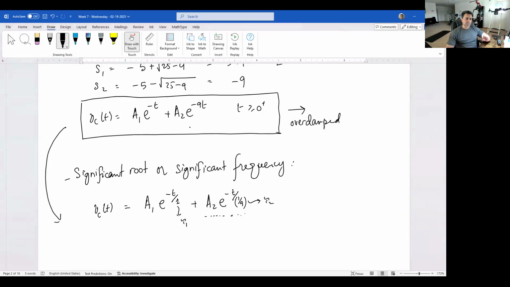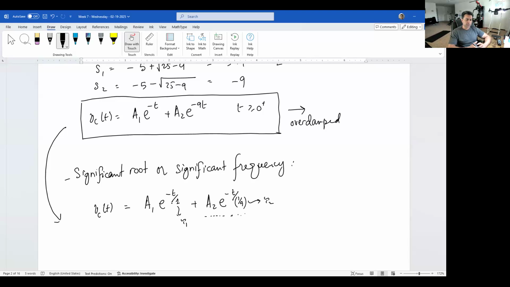So you use the time corresponding to the significant root or significant frequency. If my significant root or time constant is 1 second, then I will plot this for approximately 5 to 6 tau.